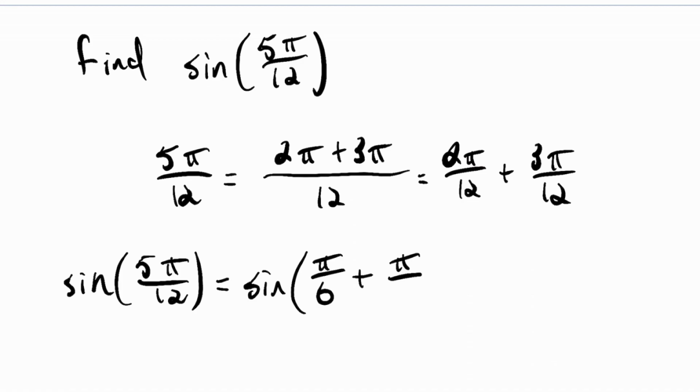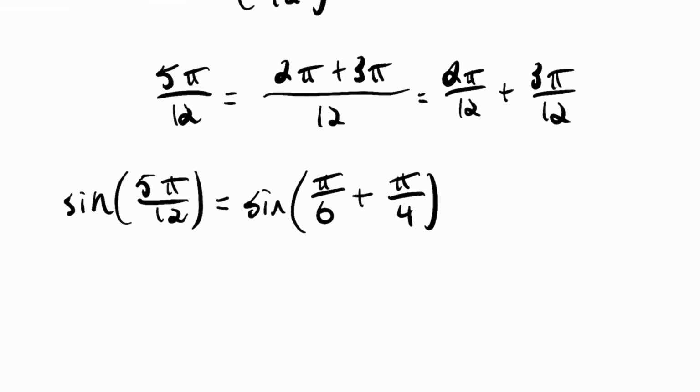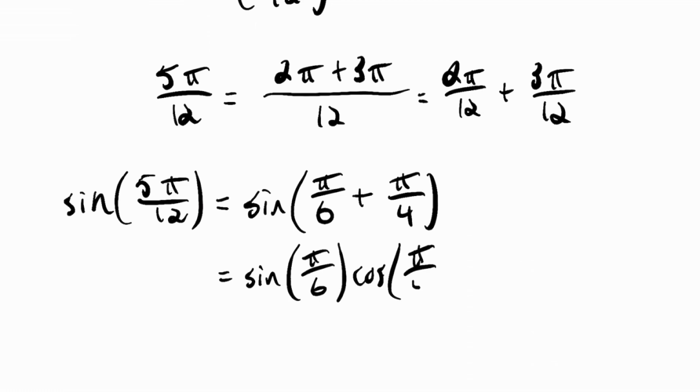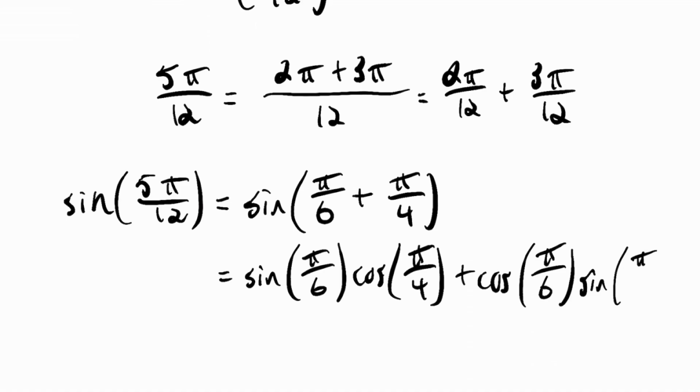So those are two familiar angles. And I can use the sum angle formula for this. This is sine of pi over 6 times cosine of pi over 4 plus cosine of pi over 6 times sine of pi over 4.